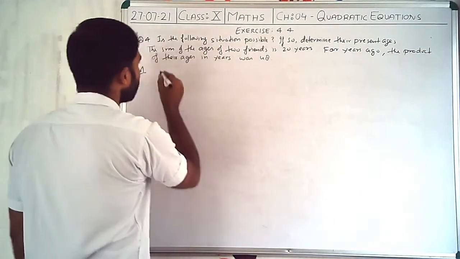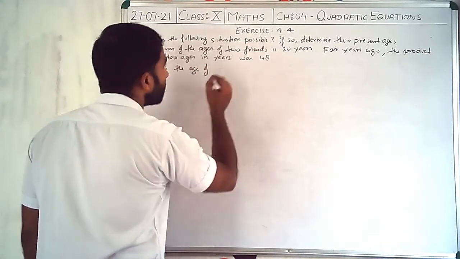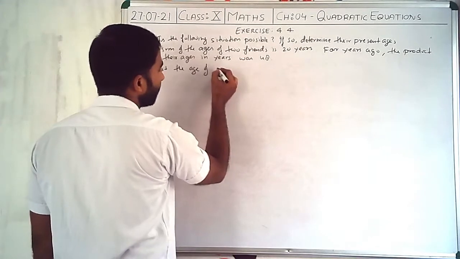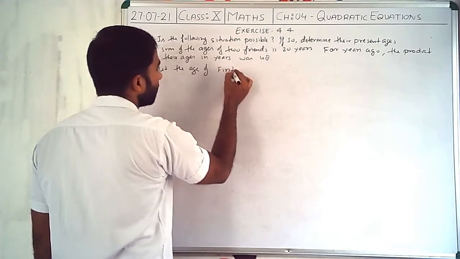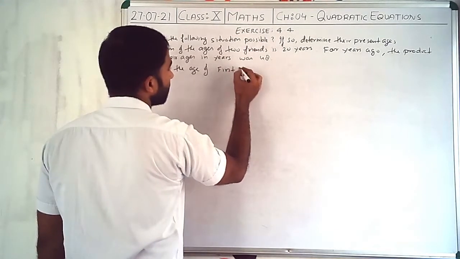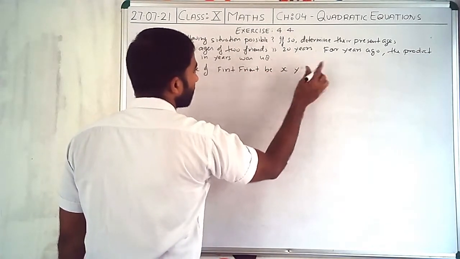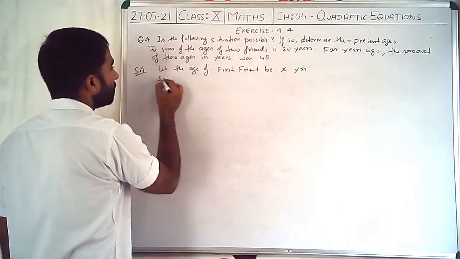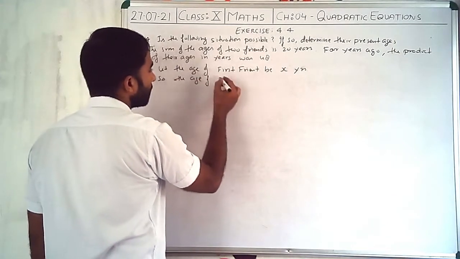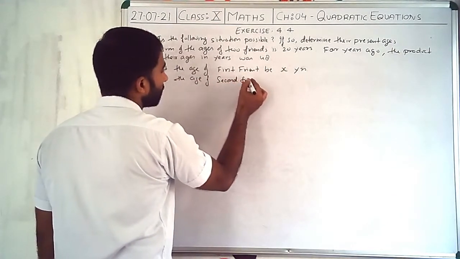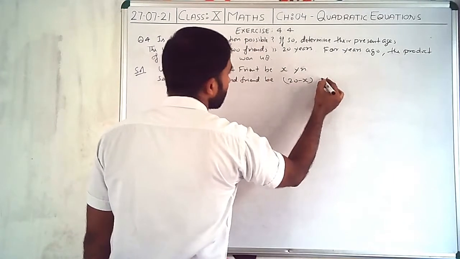Let the age of the first friend be x years. So the age of the second friend will be 20 minus x years.